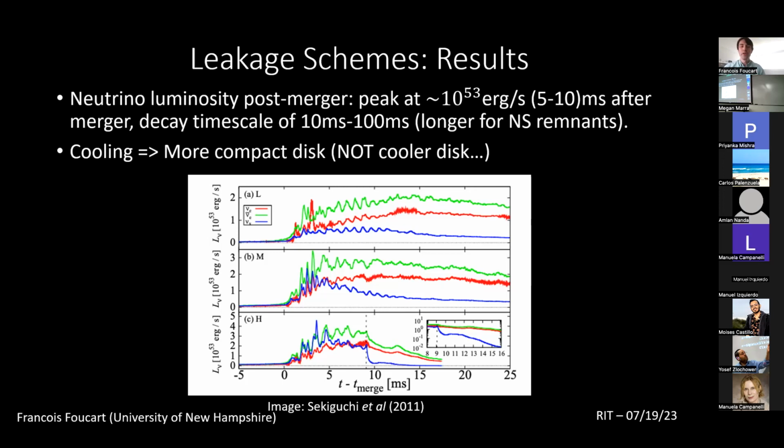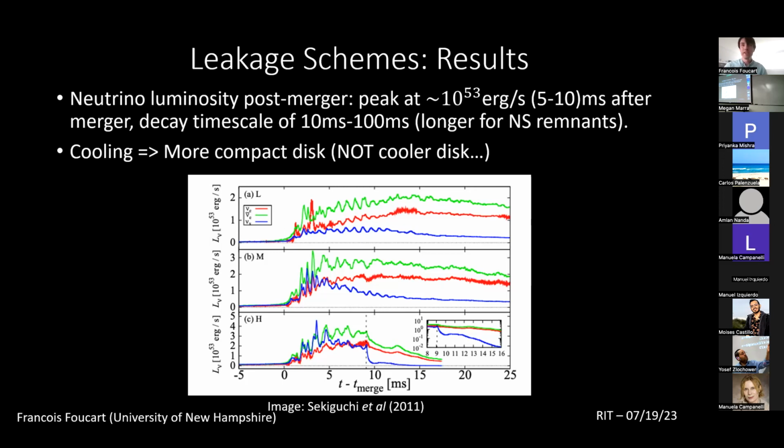And the other thing that we learned from these leakage simulations is that when you include neutrino cooling in your system, you actually do not get a lower temperature disk. But instead, what happens is that your disk becomes more compact, but reaches the same kind of temperature as if you did not include neutrino cooling.